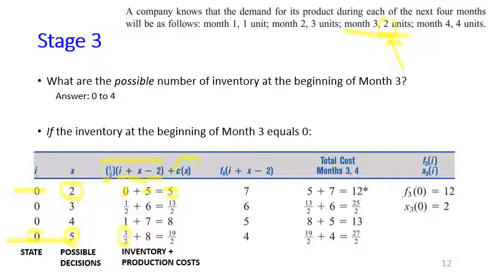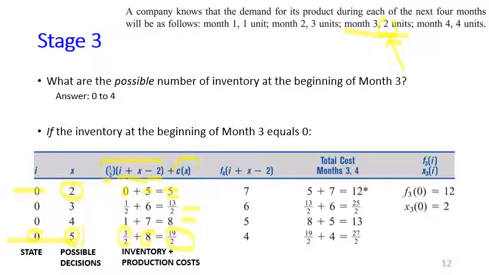And then the production cost equals the fixed cost $3 plus variable cost $5 because we produce 5 units, so equals 8. So the total cost at this stage for this decision equals 19 over 2. And you may try to calculate the other costs for this decision producing 3 units and this decision producing 4 units.